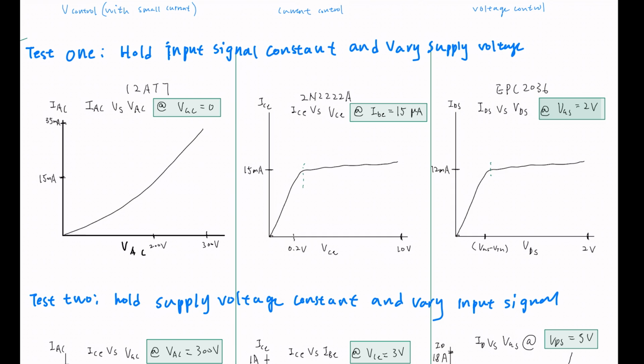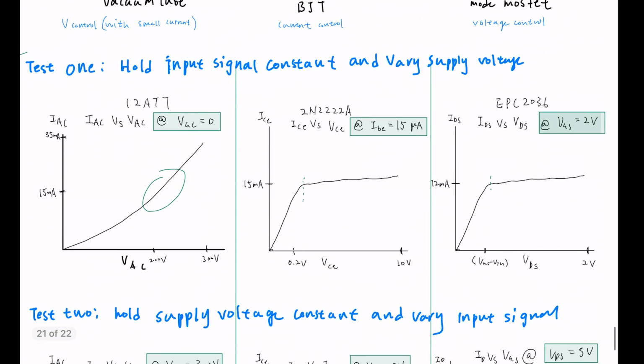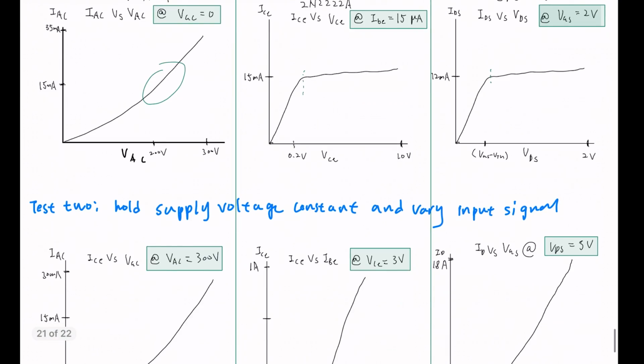So what this means is both BJT and MOSFET have current control capabilities, which means after a certain point, we can use them as a current source because the current doesn't change much, even if the voltage changes. However, for a vacuum tube, we cannot use it as a current source because with the change of supply voltage, its current changes.